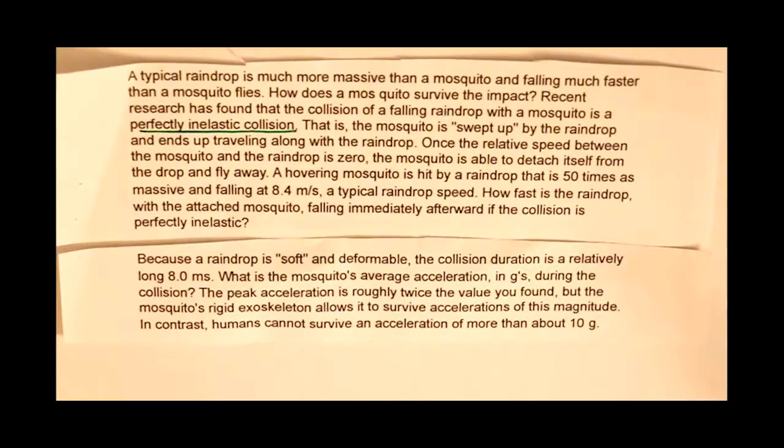That is, the mosquito is swept up by the raindrop and ends up traveling along with the raindrop. Once the relative speed between the mosquito and the raindrop is zero, the mosquito is able to detach itself from the drop and fly away.